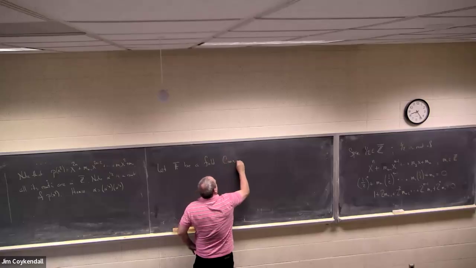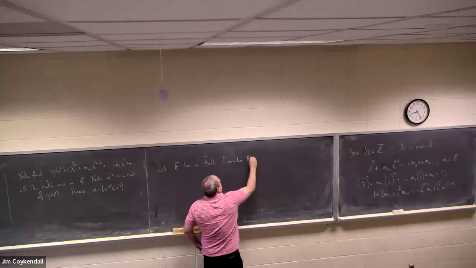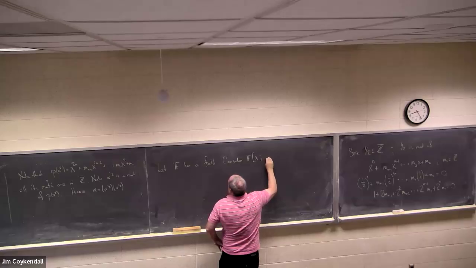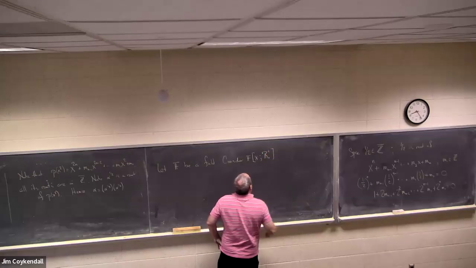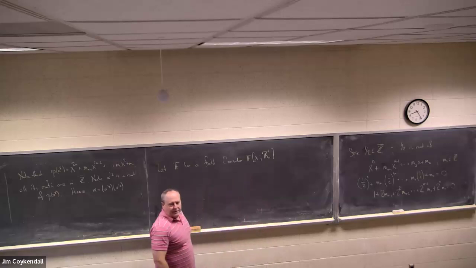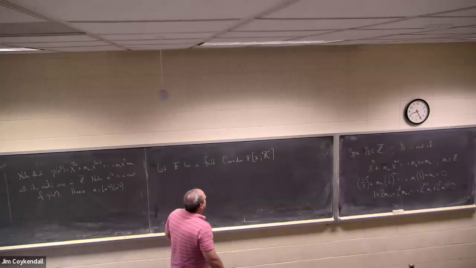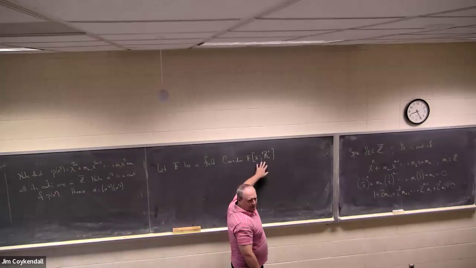Consider, okay, so what do I mean by this? This is the group ring of F over the positive reals. What I'm doing here is basically generalizing polynomials.